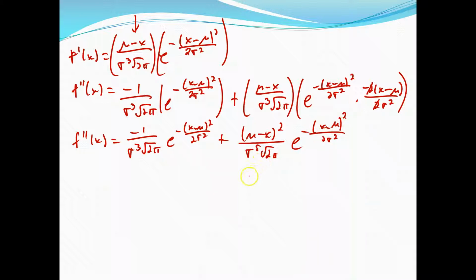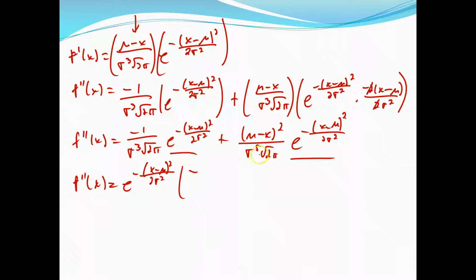Now to get a common denominator here, well, I'm getting ahead of myself again. So we're going to factor out an e to the negative (x minus mu) squared divided by 2 sigma squared, because it's shared in common. So f double prime of x is e to the negative (x minus mu) squared divided by 2 sigma squared, multiplied by, I'm going to do this in one step.